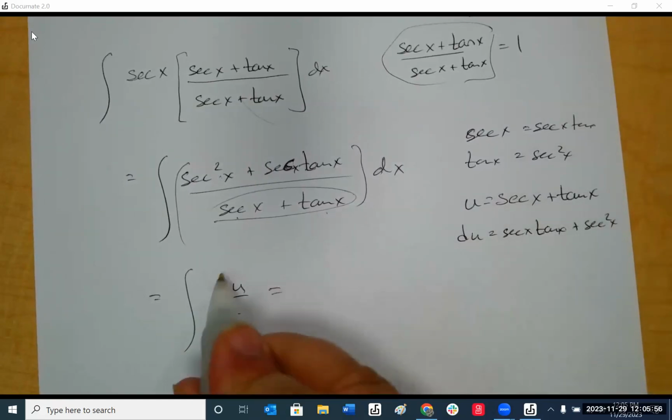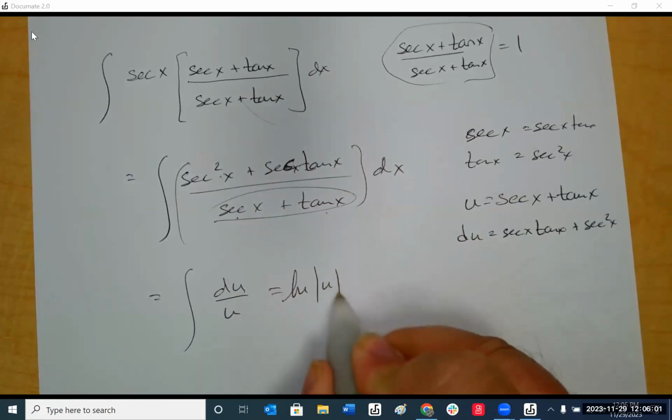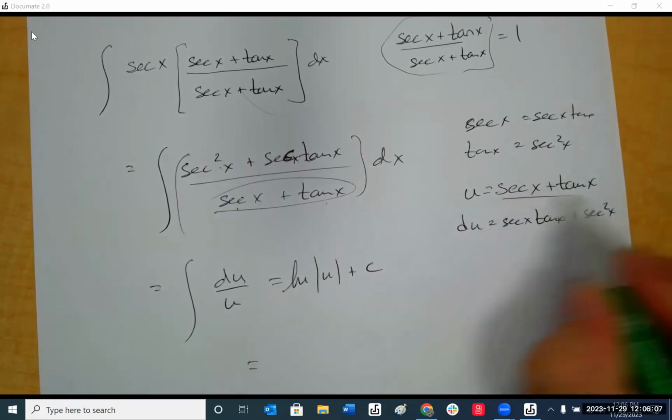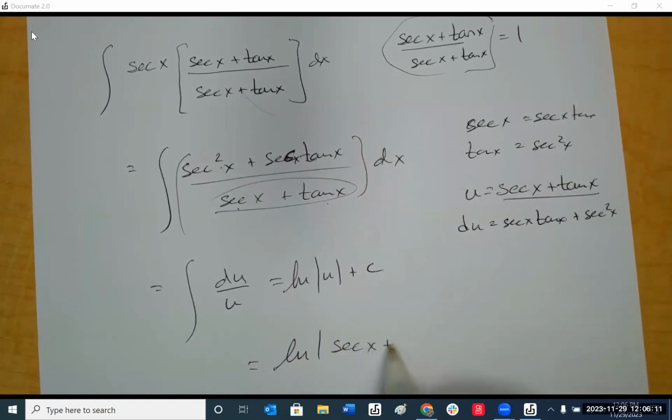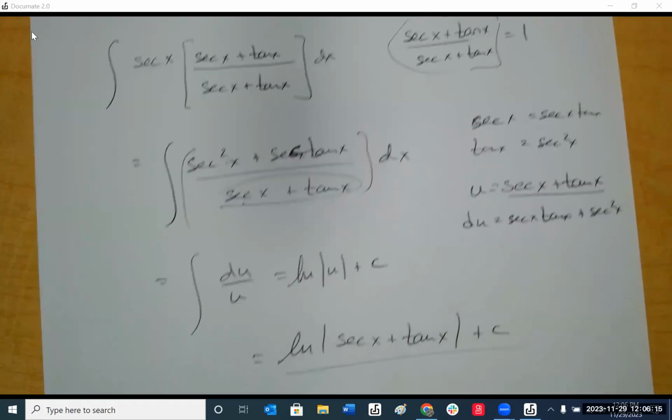And the integral of du over u is ln u plus c. And u is secant x plus tangent x, plus c.